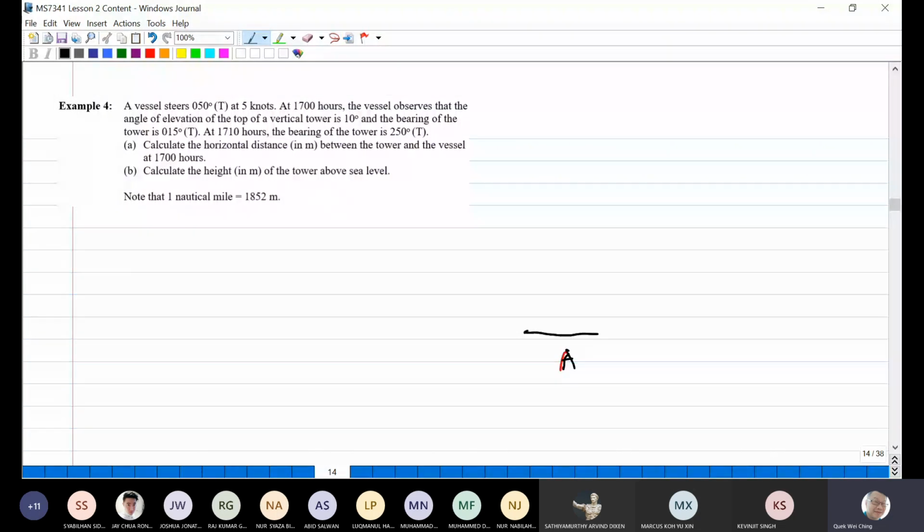So the ship is at this point. So this is north, west, and south here. The ship is sailing at 50 degrees and 5 knots. So this is the first statement. So usually I use a yellow color for the first statement here.